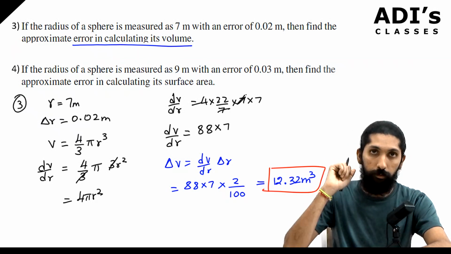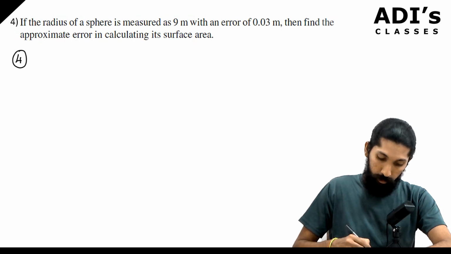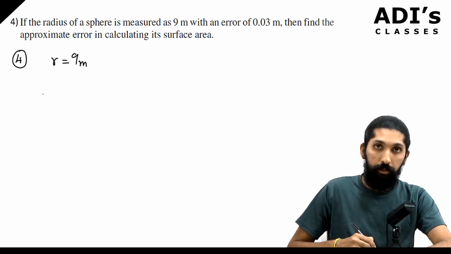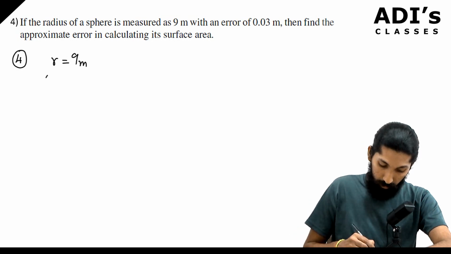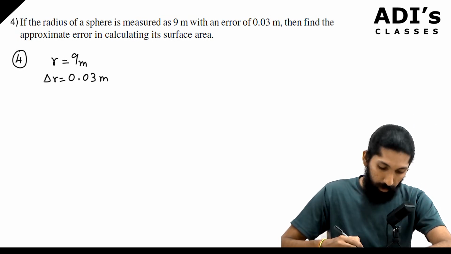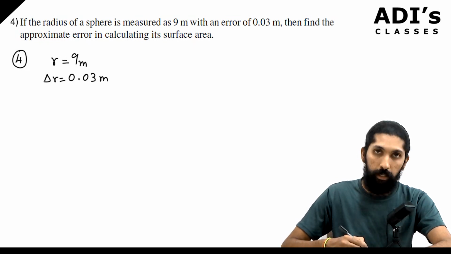Let's do the fourth one now. See the fourth one? The radius of the sphere, 9 meter. The error delta R is 0.03 meter. Approximate error in calculating its surface area.